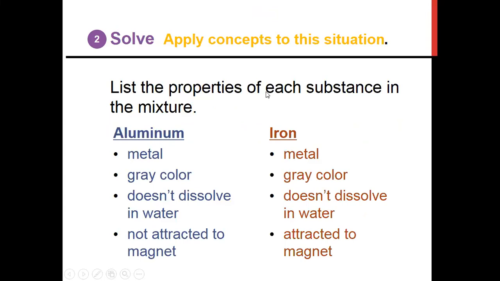List the properties of each substance in the mixture, aluminum and iron. Both of them are metals and have a gray color. They don't dissolve in water, but aluminum is not attracted to a magnet. Iron is attracted to a magnet.